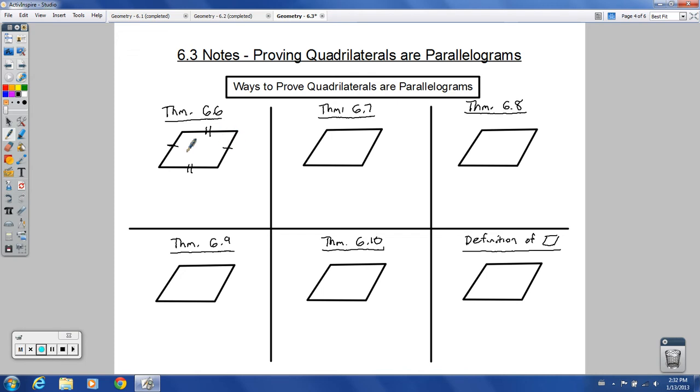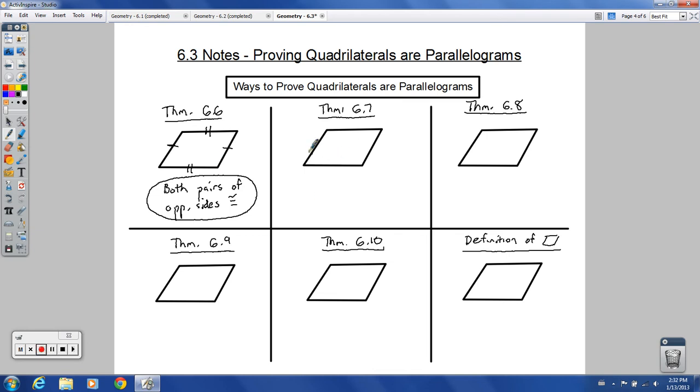If these were true to start, it's actually a parallelogram as well. So this is one way to prove that a quadrilateral is a parallelogram: both pairs of opposite sides being congruent. One valid way to prove something is a parallelogram.